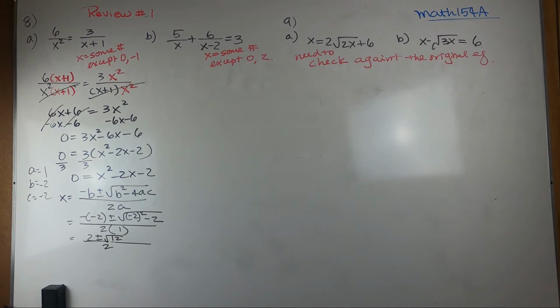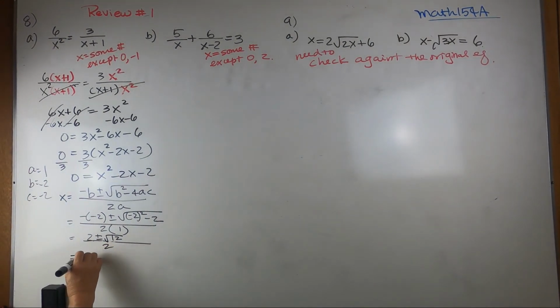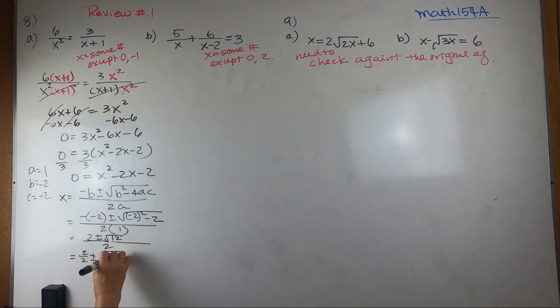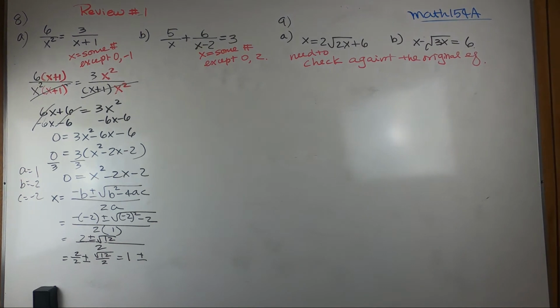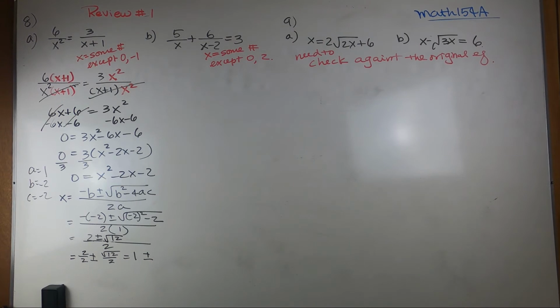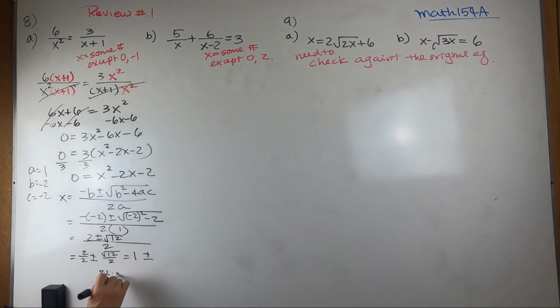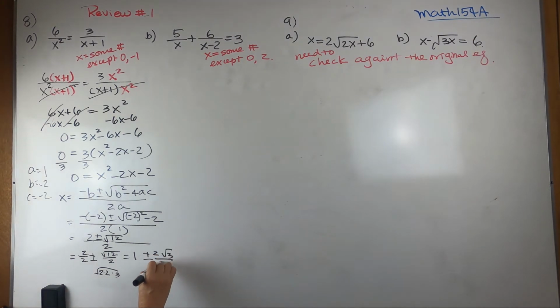Then you cannot leave the answer there. You need to simplify it. 2 over 2 plus minus square root of 12 over 2, equals 1 plus minus. You cannot leave square root of 12 there because you have to simplify. That will be 2 times square root of 3, right? That's 12. Then you take 2 out, it becomes 2 square root of 3 over 2.